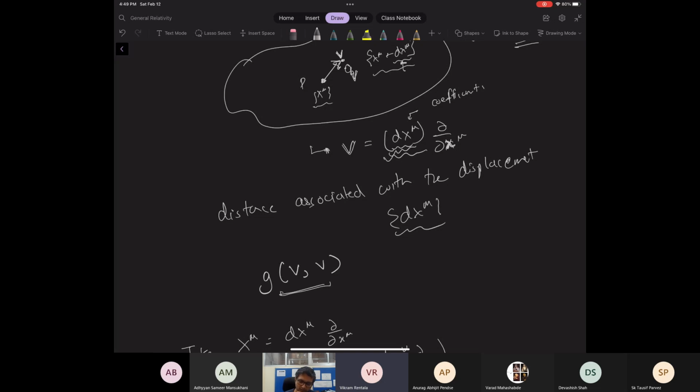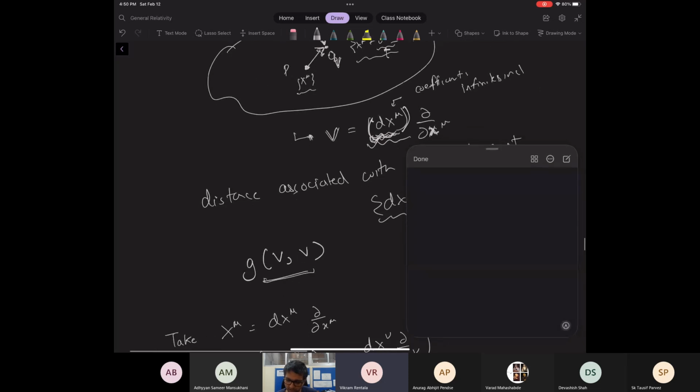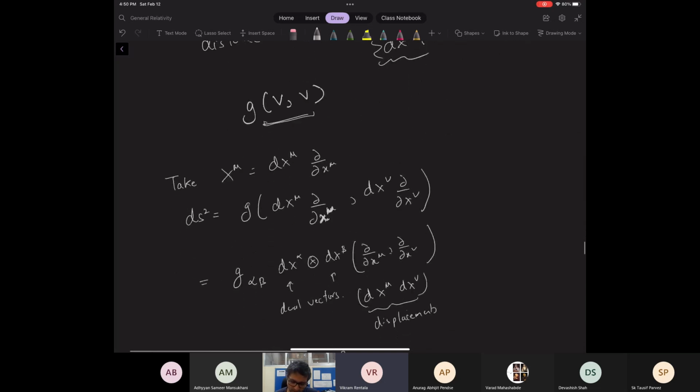These are coefficients which are infinitesimal. I apologize for doubling our use of notation, but as we'll see, there's a reason for this. Here these are not dual vectors, these are not dual vector bases. These are just coefficients, which are small changes in x mu.